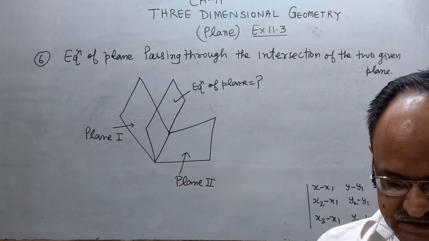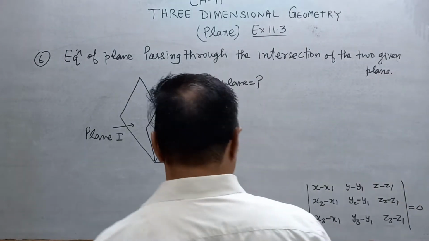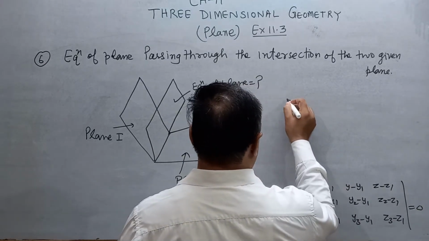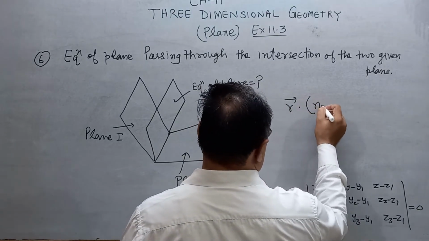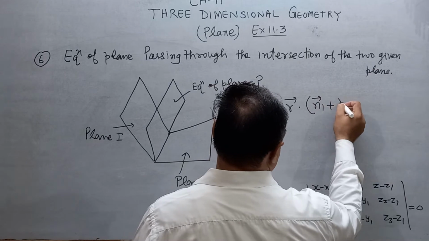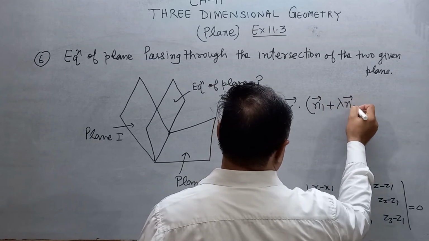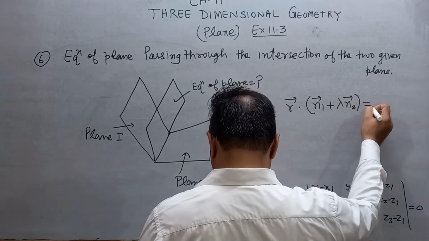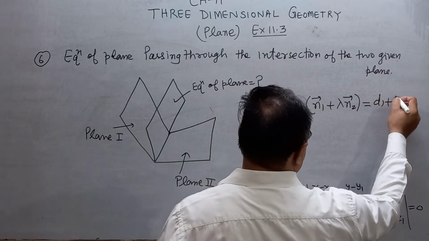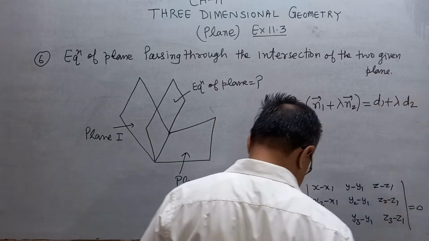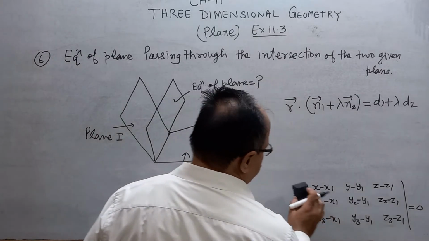The formula for this in the vector form: vector r dot n1 vector plus lambda times n2 vector is equal to d1 plus lambda times d2.